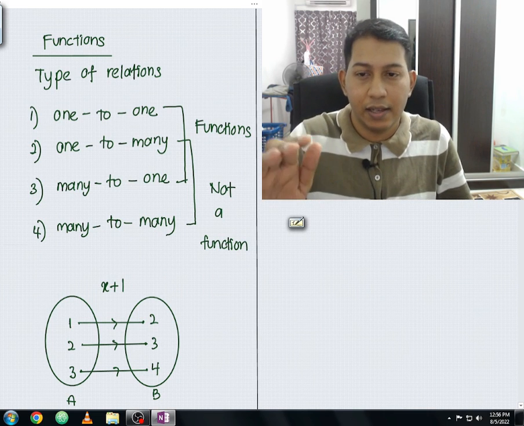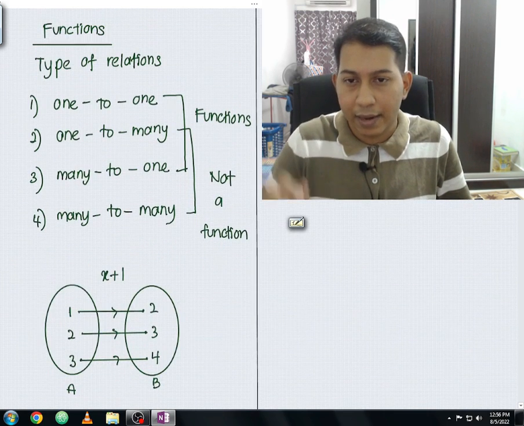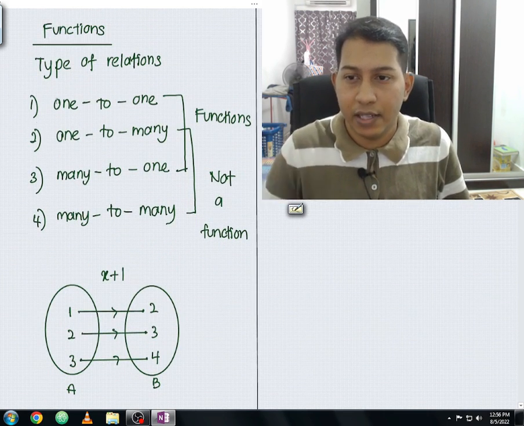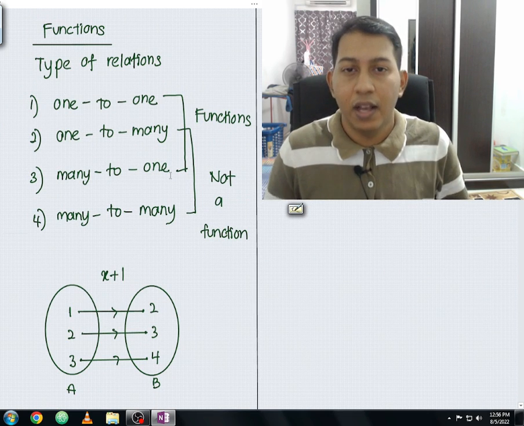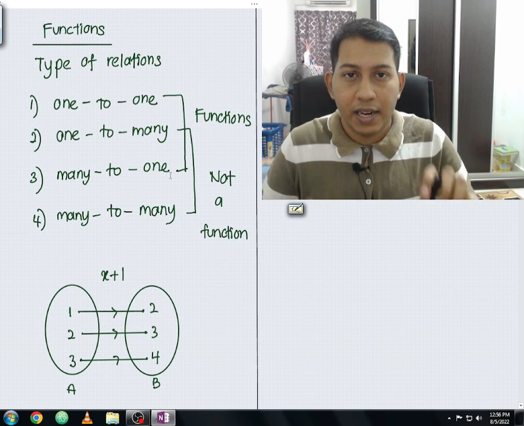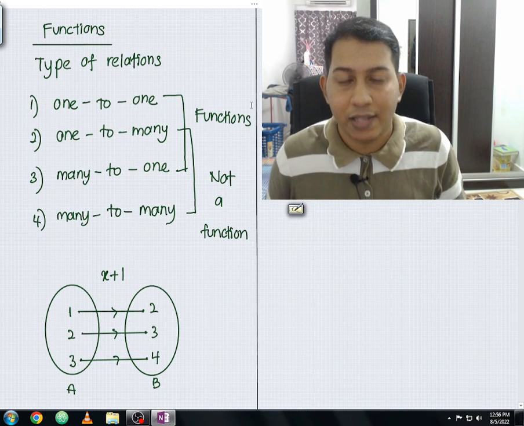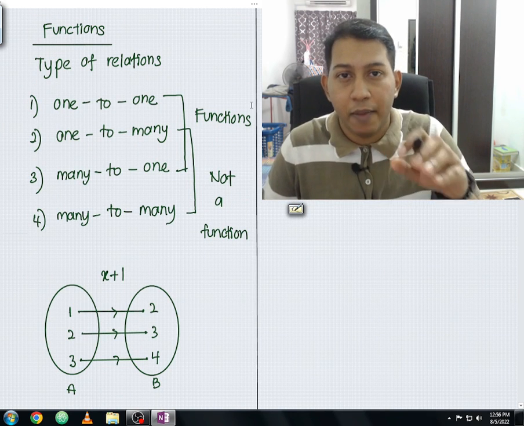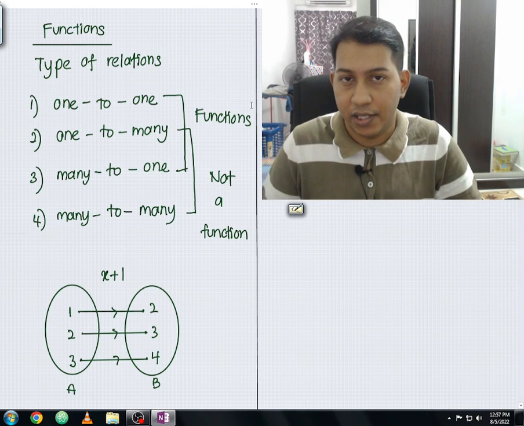These are some of the notes that I've highlighted over here, where you can see that one-to-one and many-to-one are the only relations that are considered as functions, whereas one-to-many and many-to-many are not considered as functions.